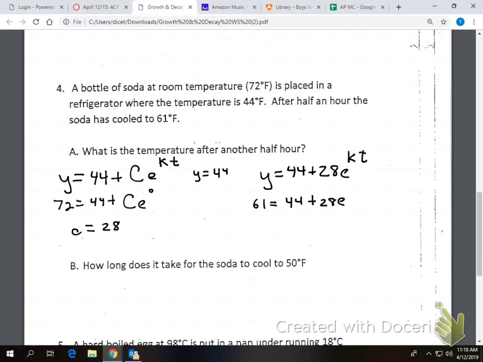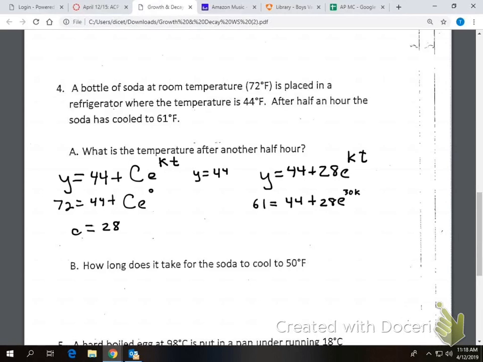Let's talk about t in minutes, so we're going to say 30k. Why minutes? Because I don't want to do it in terms of hours, since it's going to come out in minutes. You would not have been wrong if you did 0.5; your answer would have been in terms of hours.